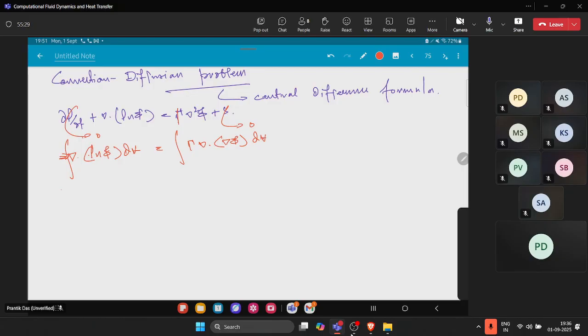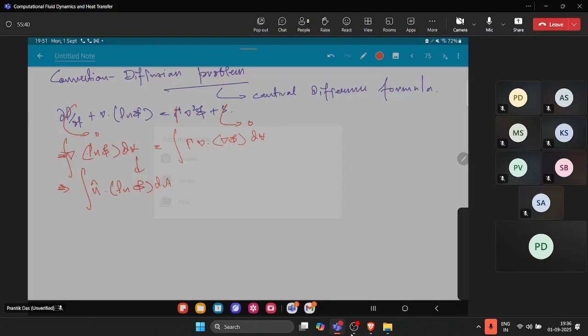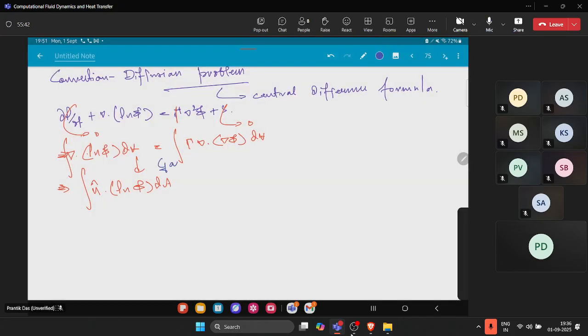So after simplifying that, n cap dot rho u phi dA, after applying the Gauss divergence theorem, this should be equal to n cap dot gradient of phi dA. Okay.